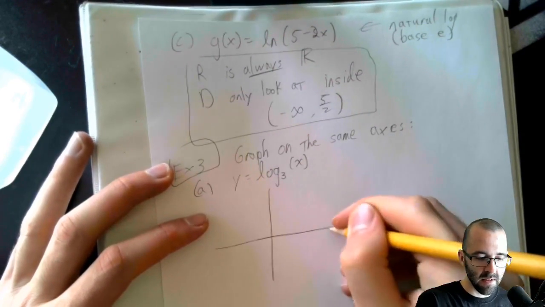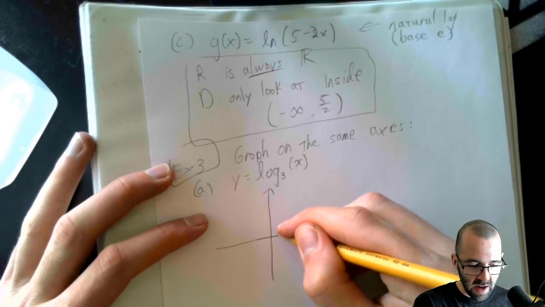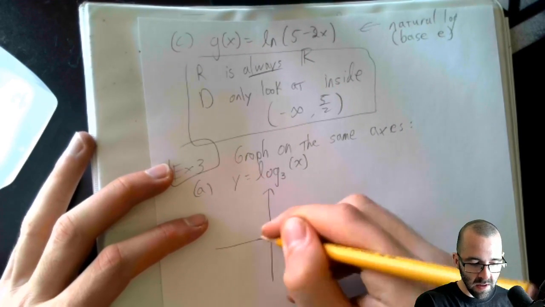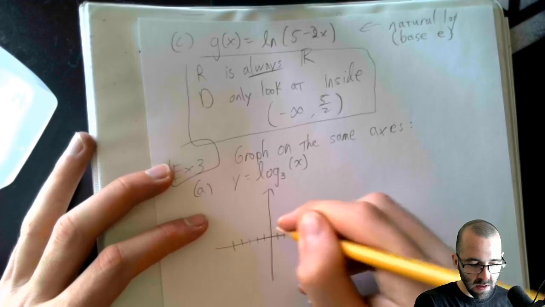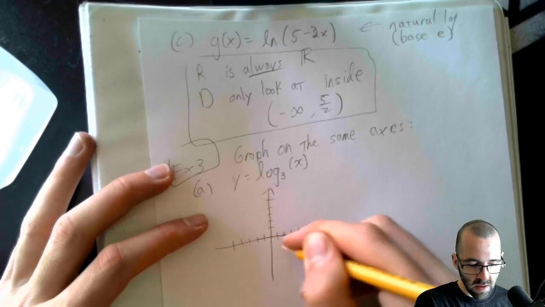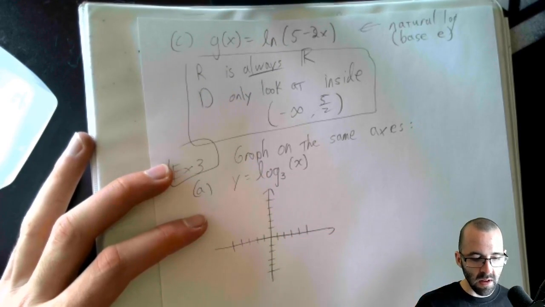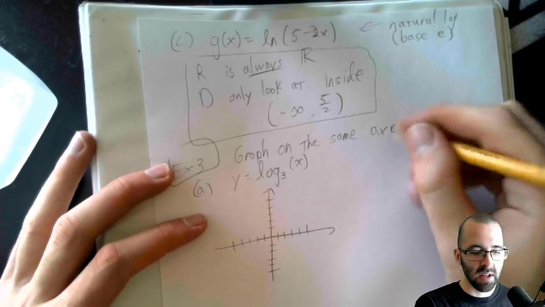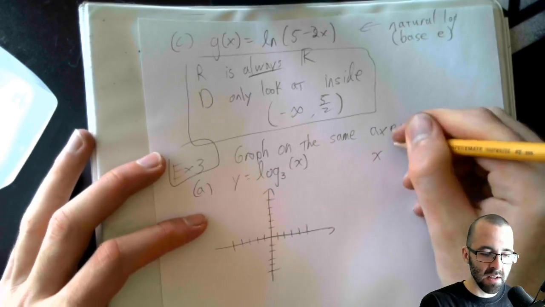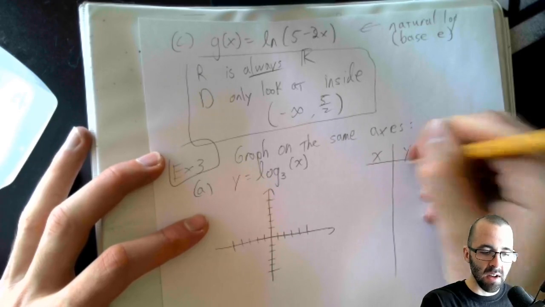Okay? We have our graph, and our table is just going to be some x's and some y's.